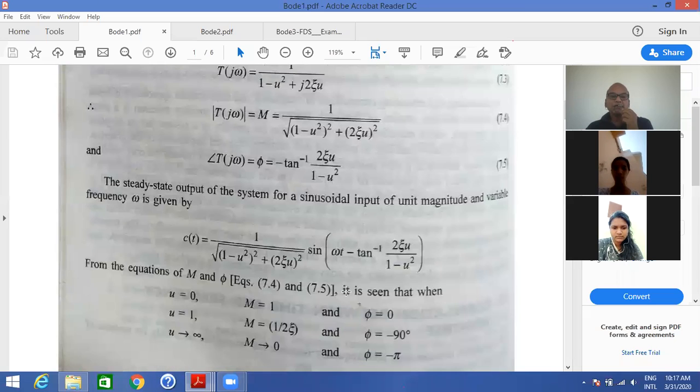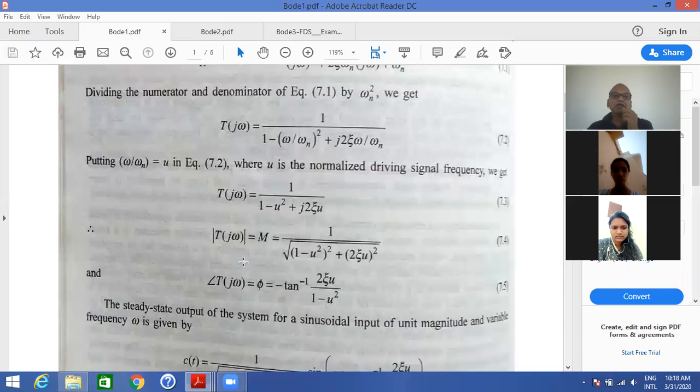With the help of these equations, we can comment on its magnitude and phase, and check the response of the magnitude against the normalized driving signal frequency. The normalized driving signal frequency is nothing but omega divided by omega n.